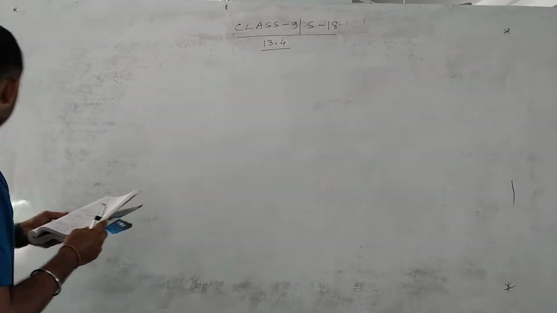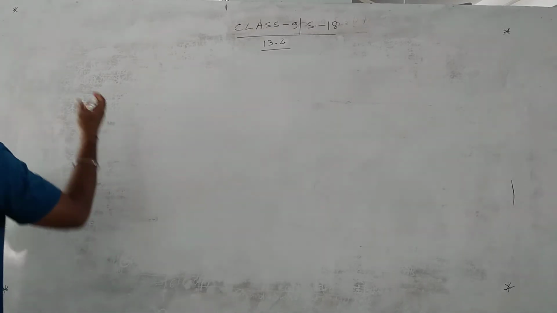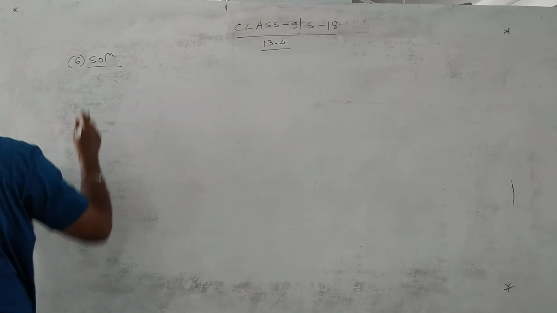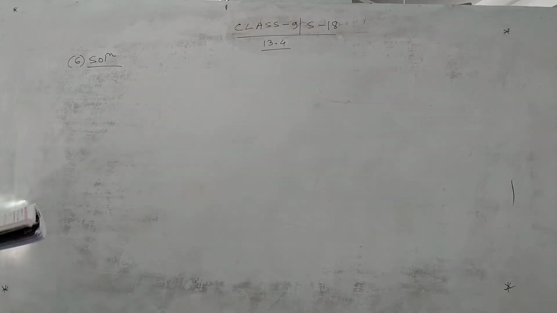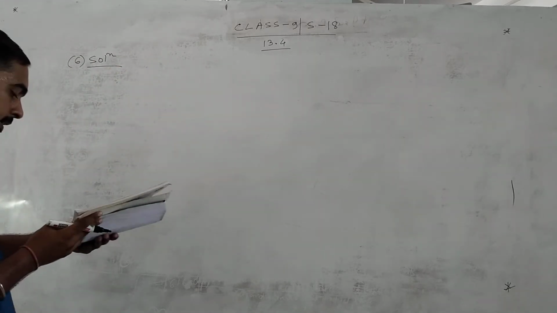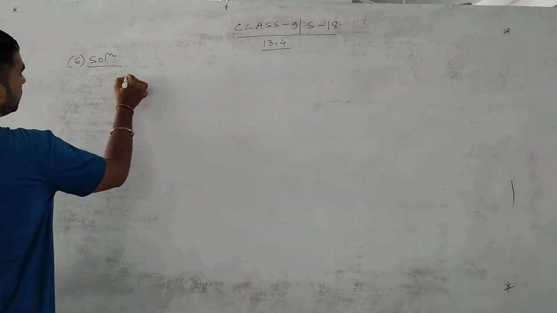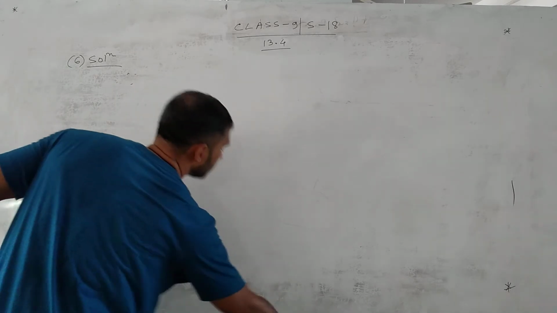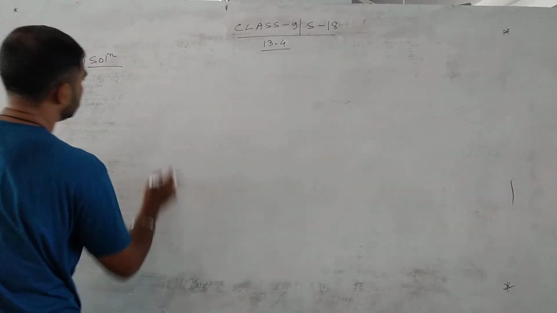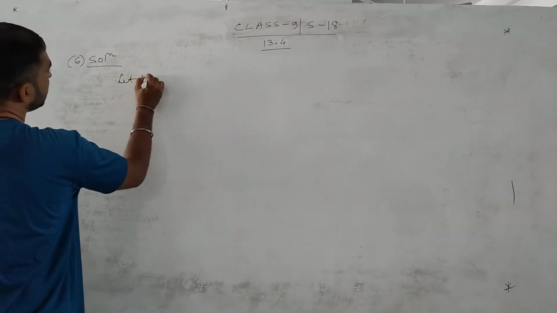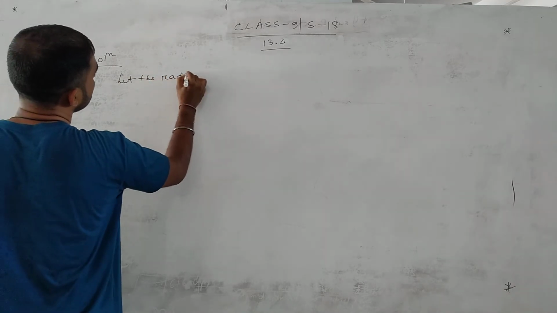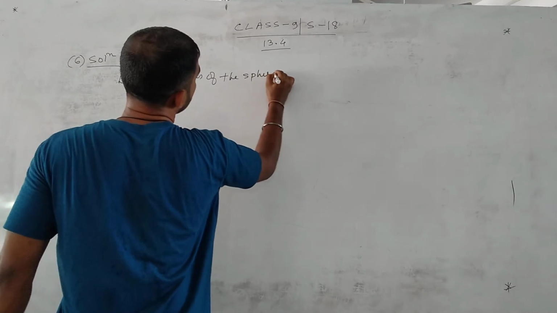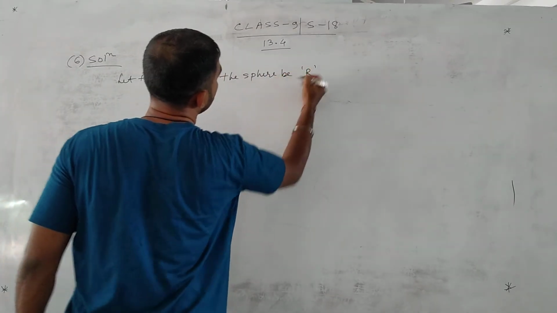Next, question number 6. Find the radius of a sphere whose surface area is given. First, let the radius of the sphere be r.